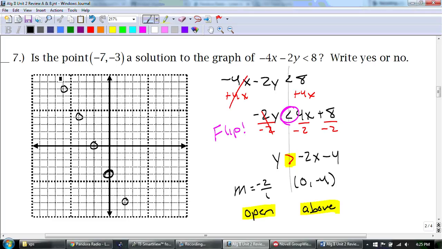Negative 2 over 1, negative 2 over 1. Boom, boom, boom, boom. Okay, and we said to shade what direction? Above. So everything above the line.